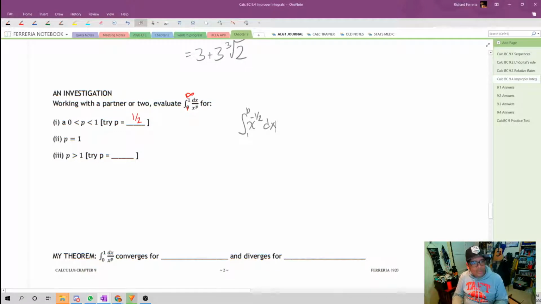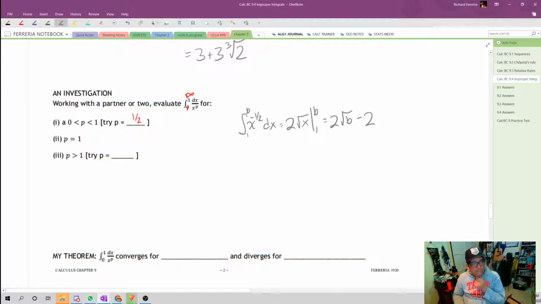So we got the integral from 1 to b of x to the negative 1/2. That's equal to 2 square root of x from 1 to b. And that's equal to 2 root b minus 2.